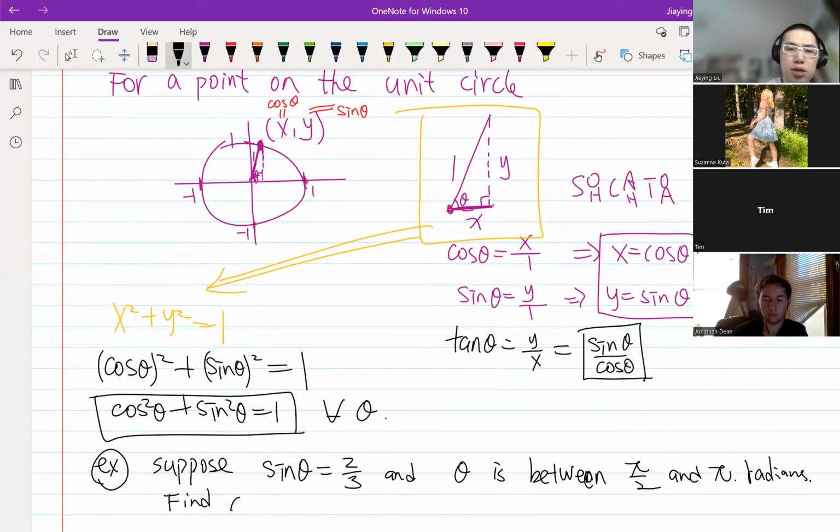Find cosine theta. Of course, you say, okay, I have a calculator, I can just put this into the calculator.